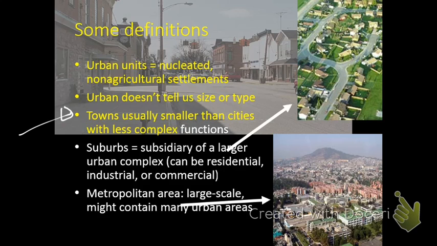How do towns or villages and hamlets differ from cities? We'll spend some time talking about centrifugal forces and the change in cities when it comes to suburban sprawl. And also we'll talk about MSAs, metropolitan statistical areas. That'll actually be part of our topic next class when we get into megacities.